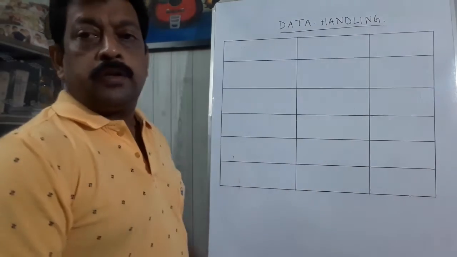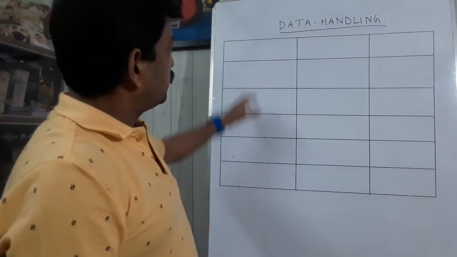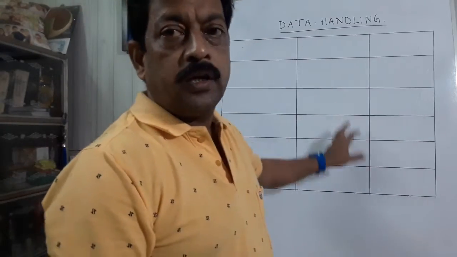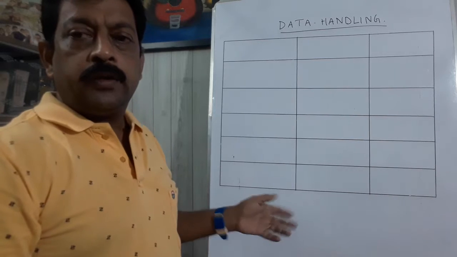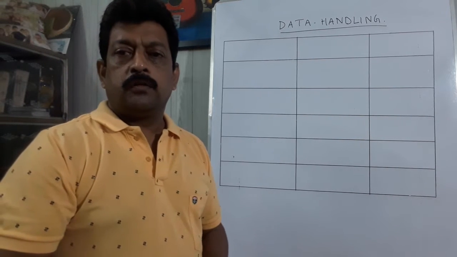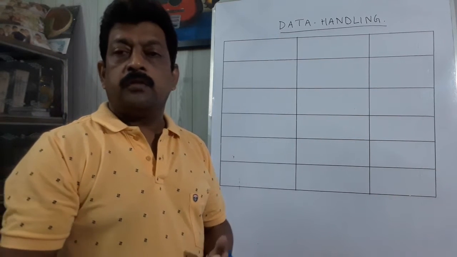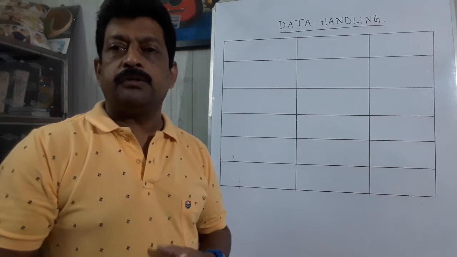Students, the table is prepared. As you can see, there are 3 columns. The first column is for the observation. Here the question is related to the number of members of a family.